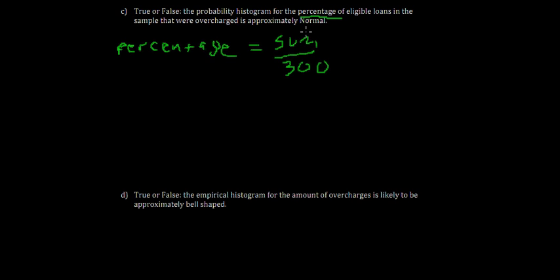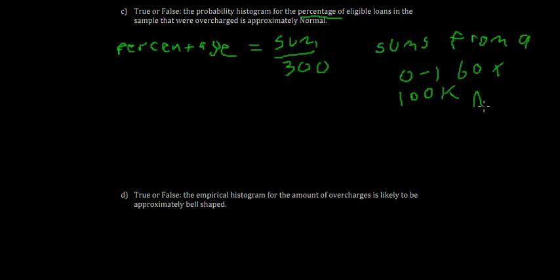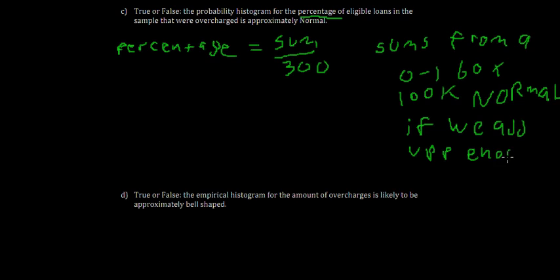We know sums from a 0-1 box look normal if we take enough, if n is big, so if we add up enough things in the sum. So this is true. I'll put a big red true.